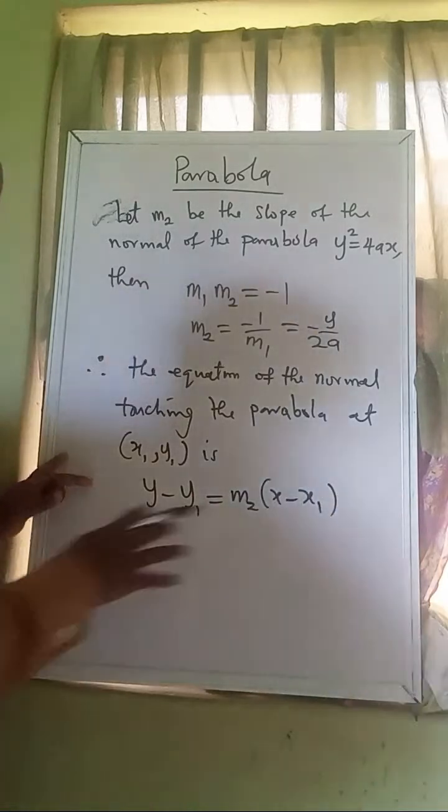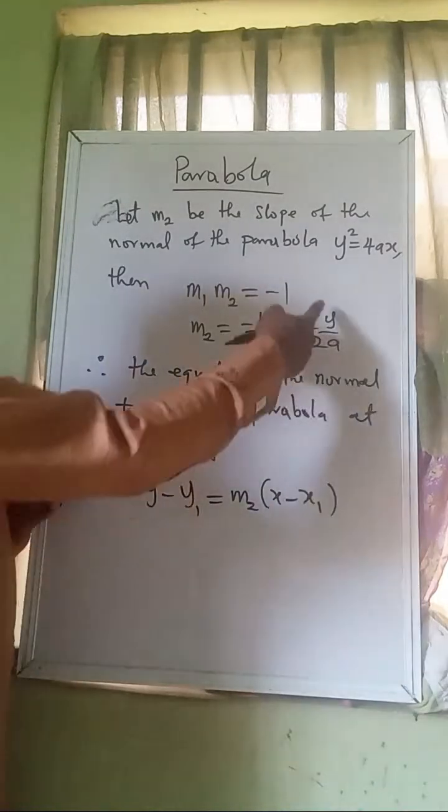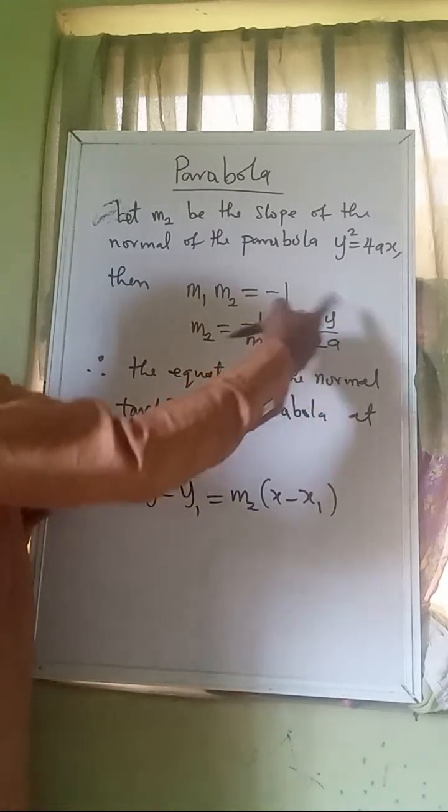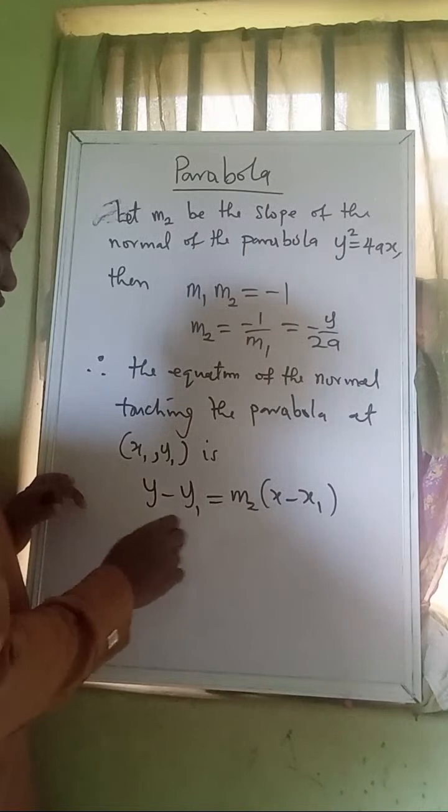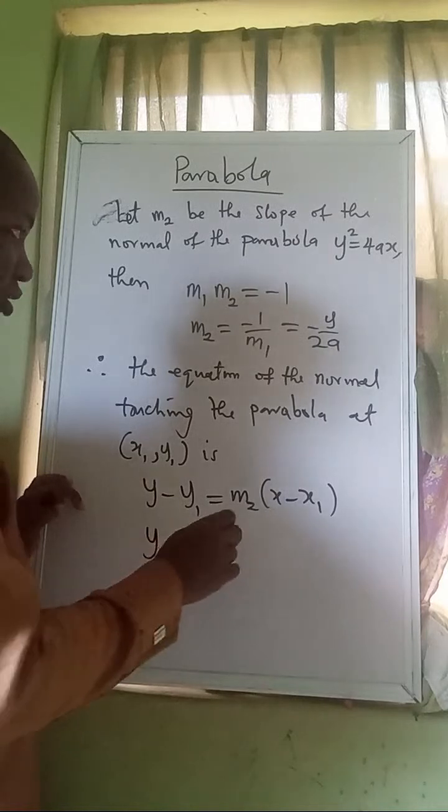By replacing this slope of the normal into this equation, this will be this.